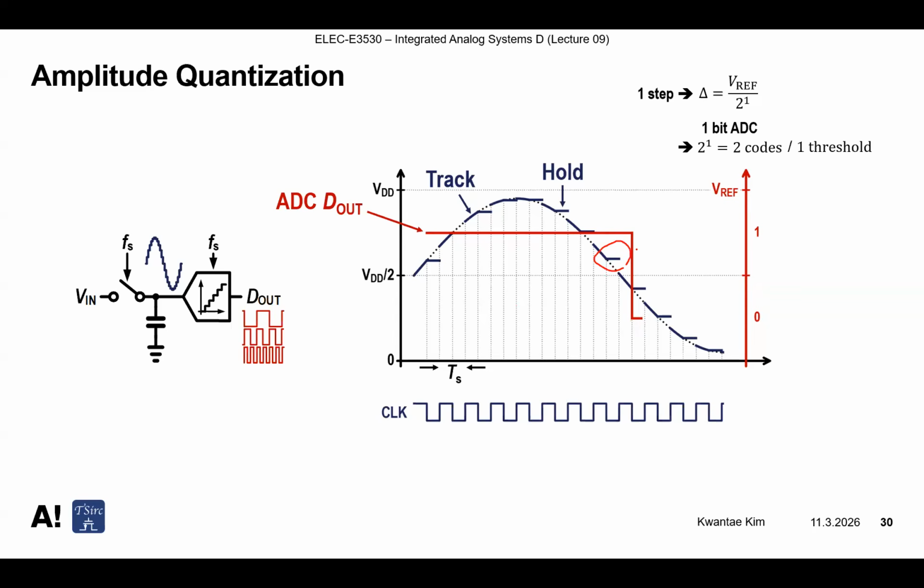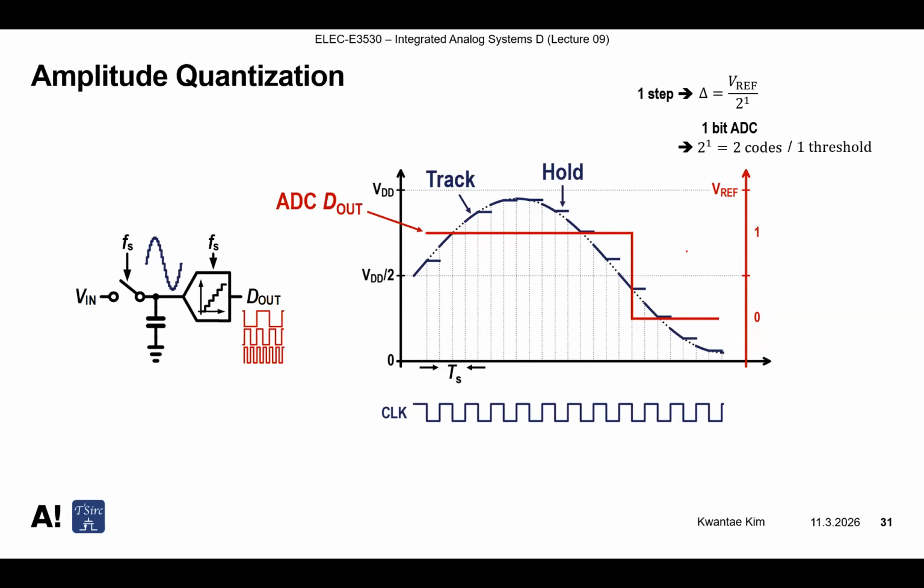At this hold window, the input analog signal is over the threshold, and at the next hold window it is lower than the threshold. Then our output digital code must be 0. This way, the ADC works and produces the digital output code. So this is the principle.